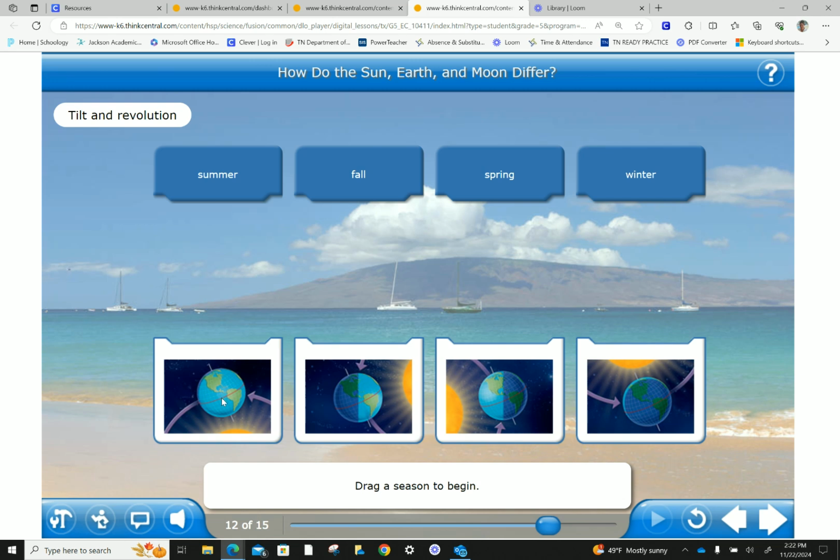We're looking for when North America, the part up here at the top, is getting the most sunlight. You can see the sun is far away from North America there. If we go here, we can see that the sun is pretty far away from North America here also. If we go here, look how close it is. North America is tilted towards the sun.